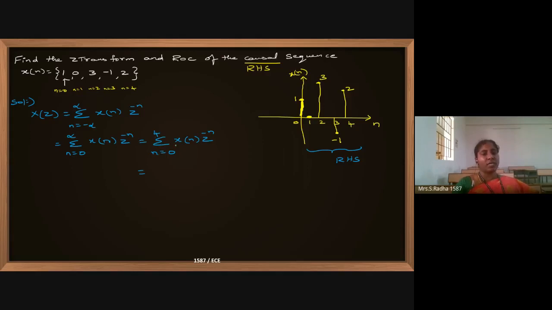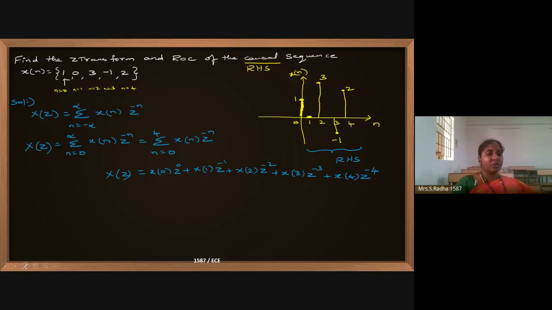Now if you put n equal to 0, this becomes x of 0 Z power 0, x of 1 Z power minus 1, x of 2 Z power minus 2, x of 3 Z power minus 3, x of 4 Z power minus 4. This is the final Z transform of the given signal. On the left side, frequency domain x of Z is the representation.